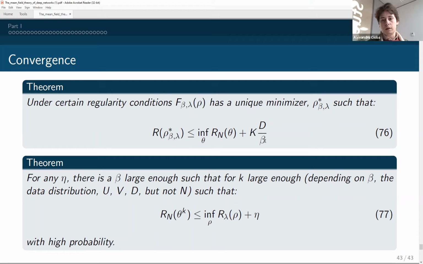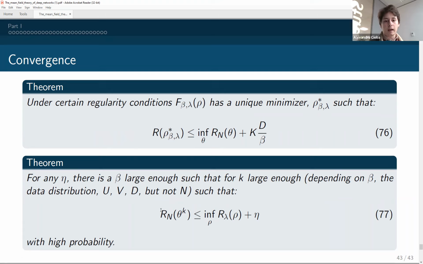Again, the temperature parameter and the distribution of the weights plays a role here, but the idea being that as you pick the temperature of the SGD updates to be higher and higher, this approximation becomes better and better.